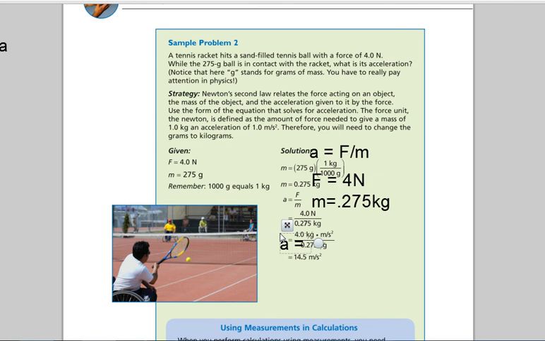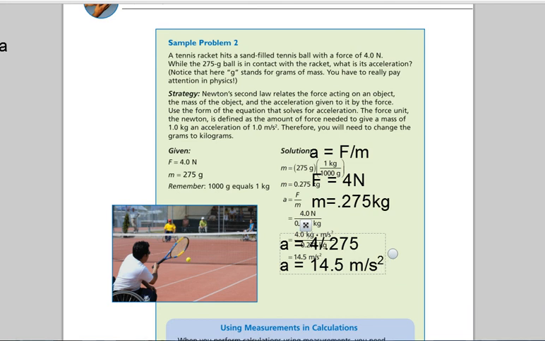A equals 4, because we replaced the F with 4, the value of force, and divide that by the mass, 0.275. And they already kind of did the solving for us here. So acceleration equals 14.5 meters per second squared.